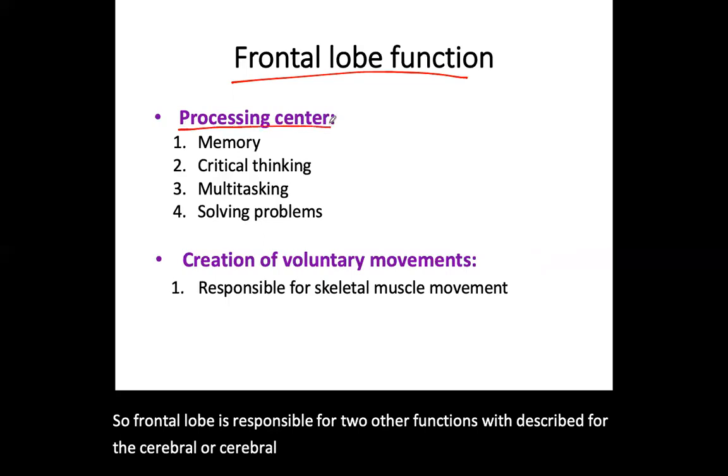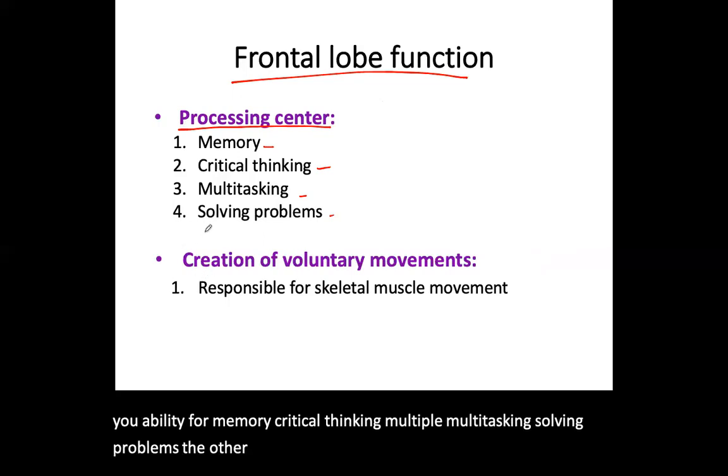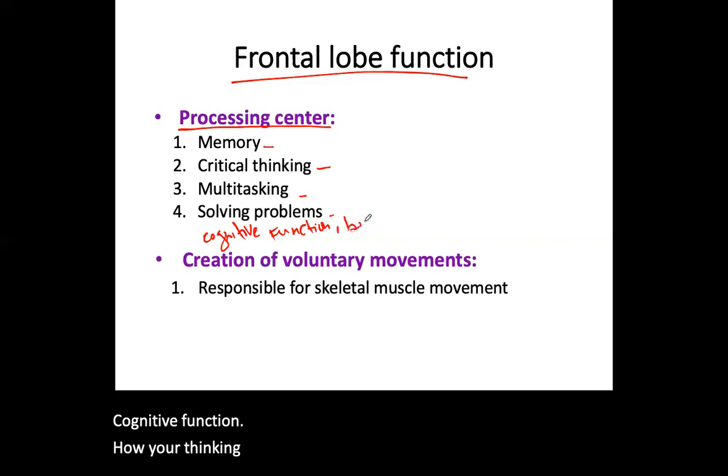One is your processing center, giving you the ability for memory, critical thinking, multitasking, solving problems. The other is cognitive function, higher thinking process, behavior, and I'll go into more details as we go through it.